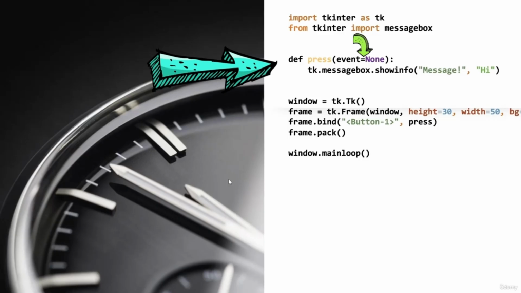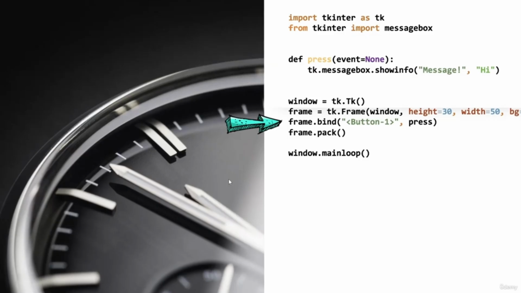So in this practical example, we will use the bind method on our non-clickable frame widget. When creating our frame widget, we will indicate the following arguments in its constructor. First, the window object where it will appear, then the height and the width of the frame, and its color as well. Next, we will apply the bind method to our widget.